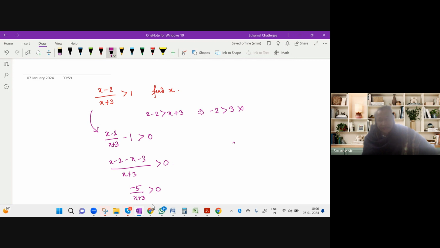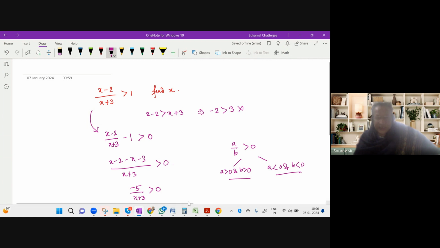Now, if I have a ratio a/b greater than 0, this means either a > 0 and b > 0, or a < 0 and b < 0. These are the two possible cases. Here the numerator is negative, so the denominator has to be negative so that the ratio is greater than 0.